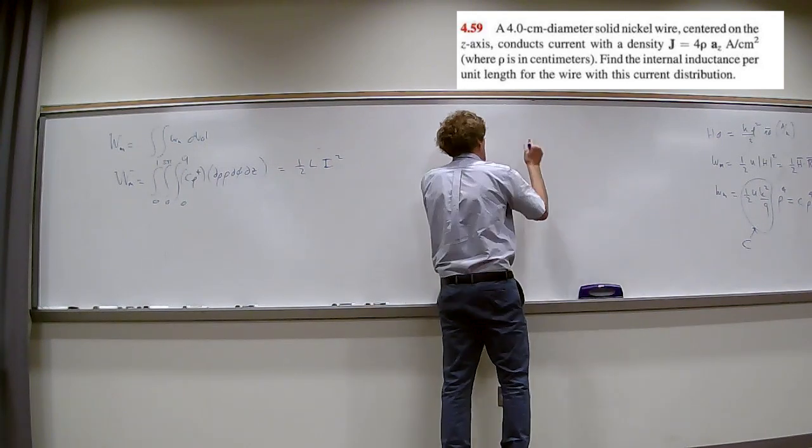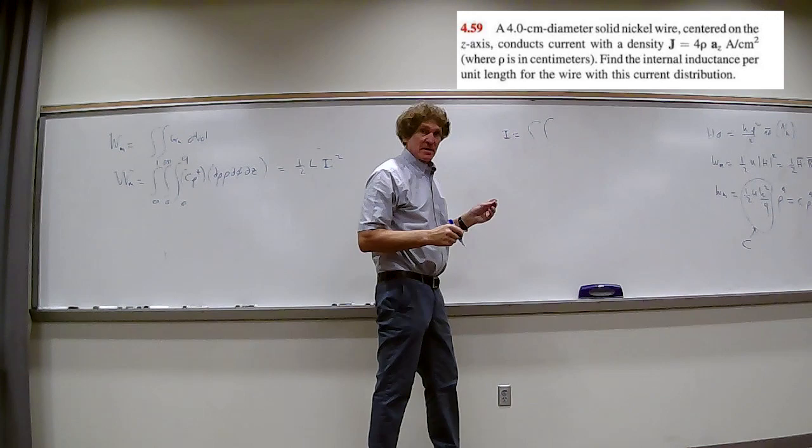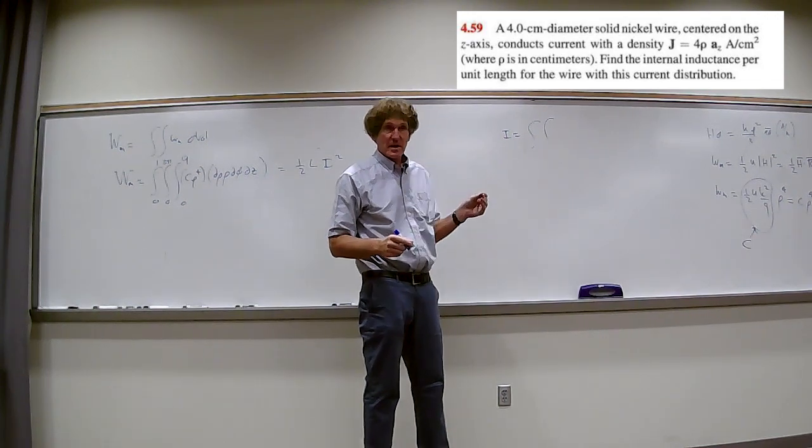So to get the total current I, that would be a double integral as well, correct? Of the current density, remember the current density was K rho, K was 40,000.